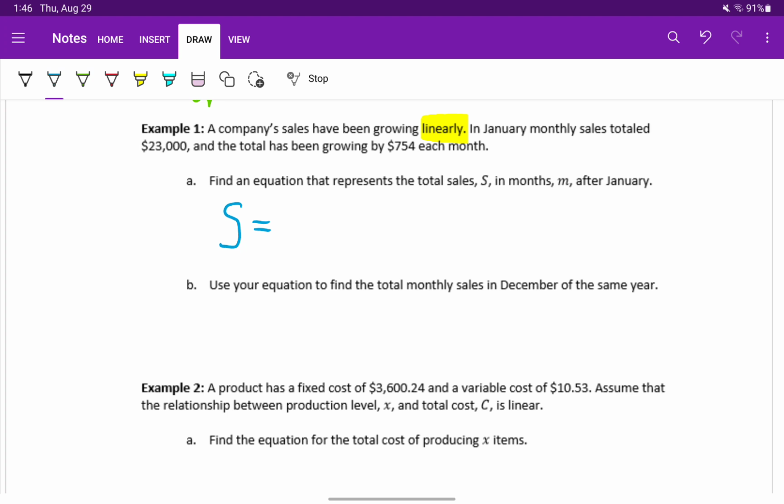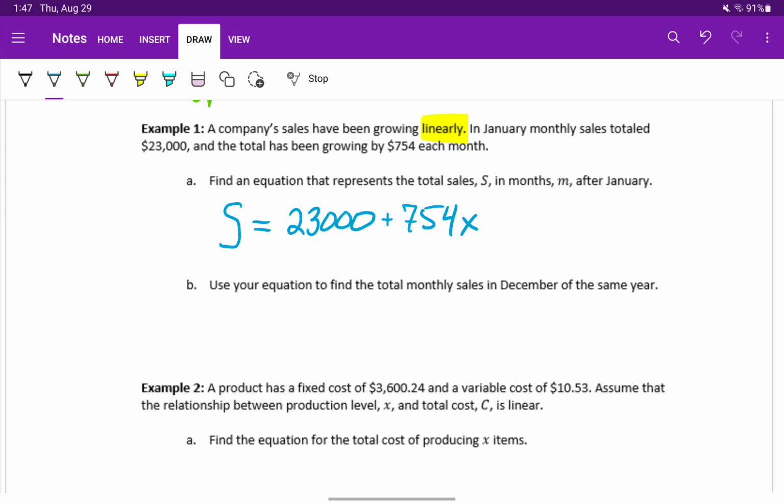Our fixed value is our base number. So back in January, that's the information we're given, is that sales were $23,000. The variable component to this is that sales are growing by $754 per month.